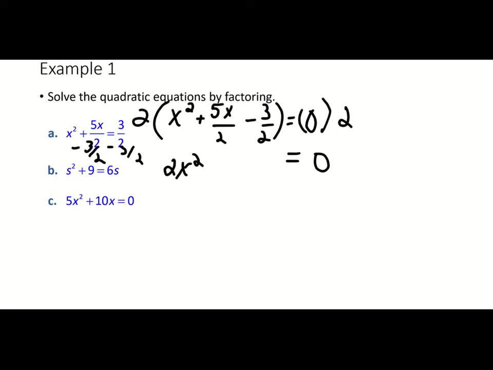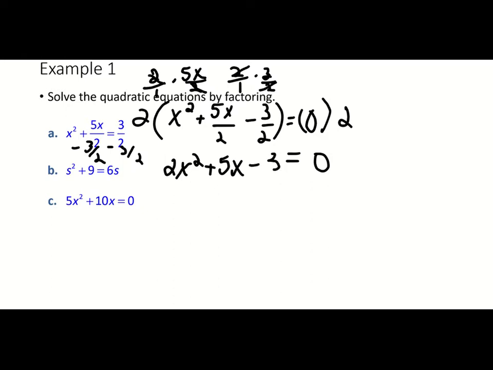And then if you recall, if I have 2 over 1 times 5x divided by 2, those 2's will cancel out, so we end up with just plus 5x. And then if I do the same thing, 2 over 1 times -3/2, those 2's cancel out, and I'm left with just -3.